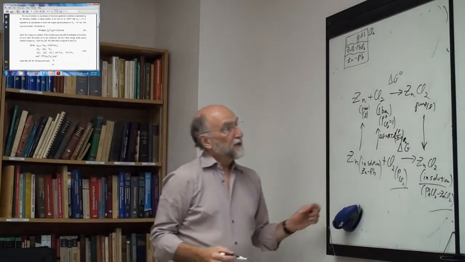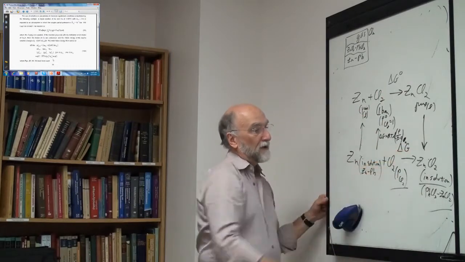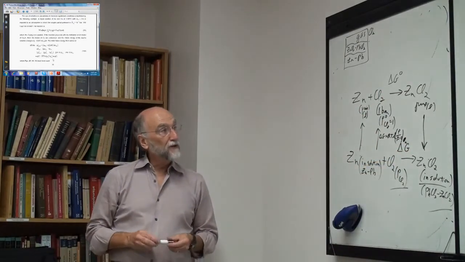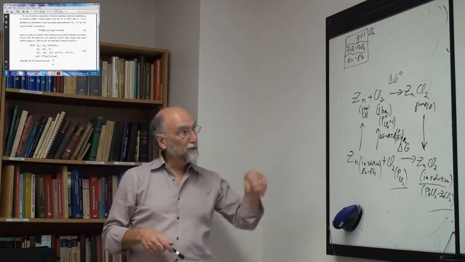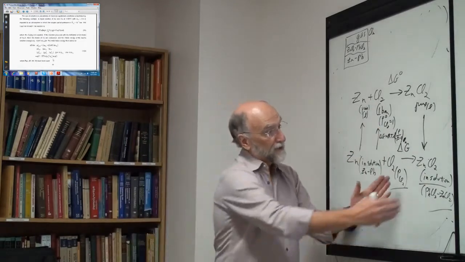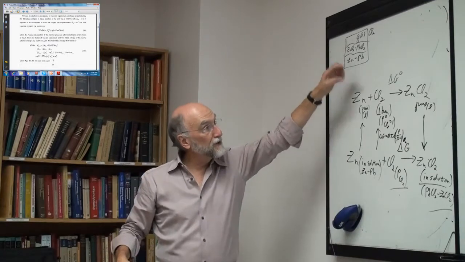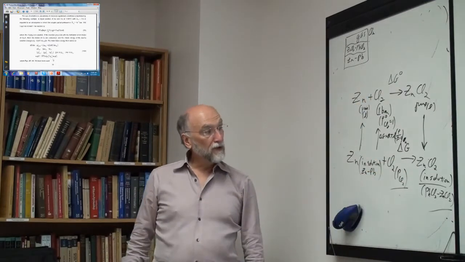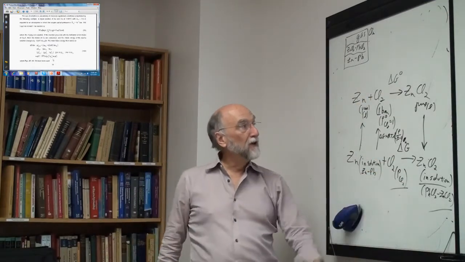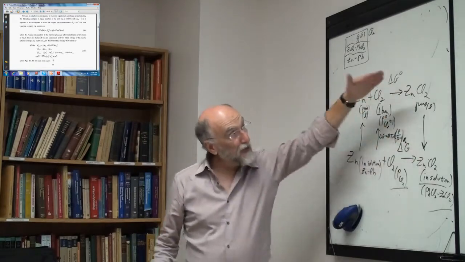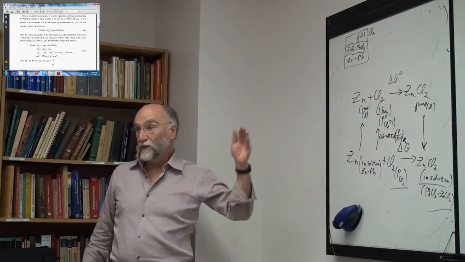Here you're taking pure zinc chloride liquid and putting it into solution. It's the same thing as I did with that other little cycle with the vapor pressure. Again, look at this as a huge amount of solution that's already prepared at constant composition, and I add 1 mole of zinc chloride without changing the composition, or I just allow dn moles of zinc chloride to go down.